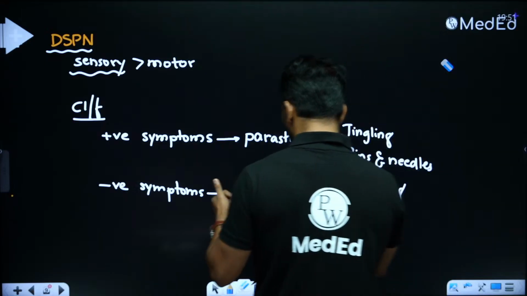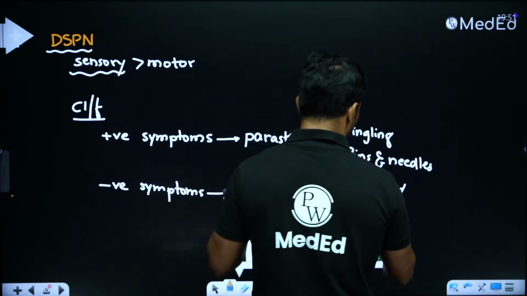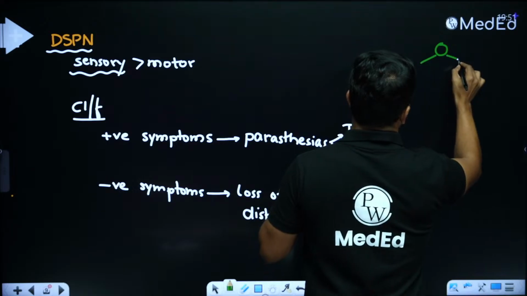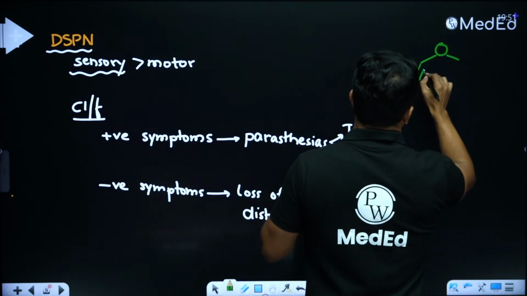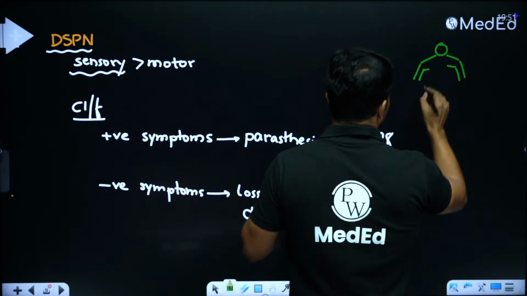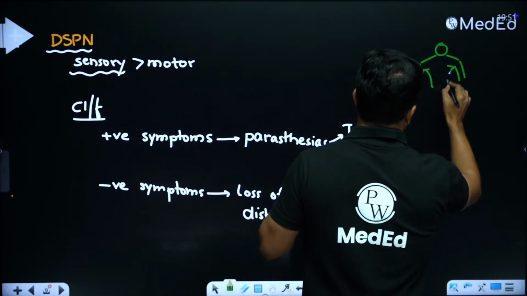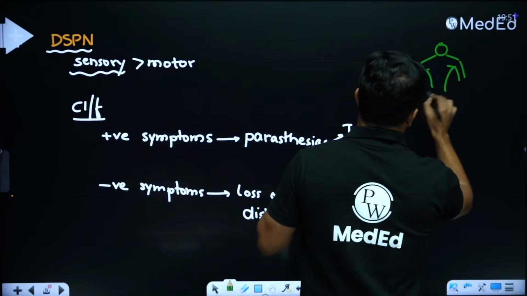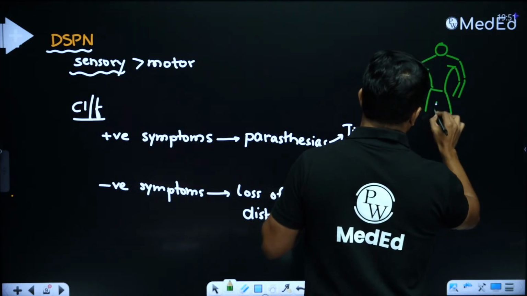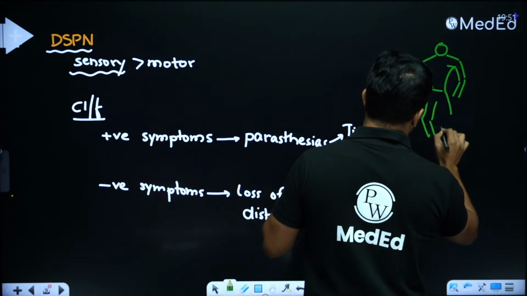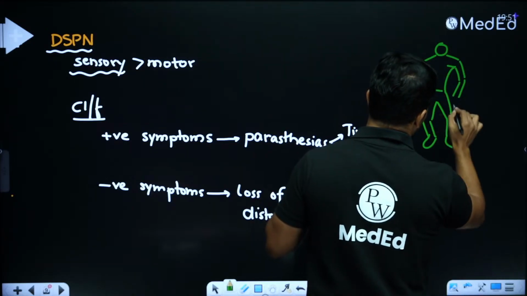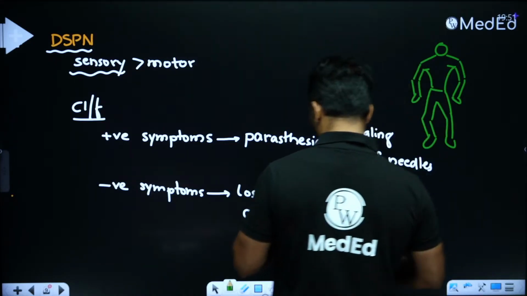So where are all these symptoms going to appear? The distal parts of the body. That means these patients will have loss of sensations in the hands, feet, and maybe as the disease progresses, the legs and the forearms.